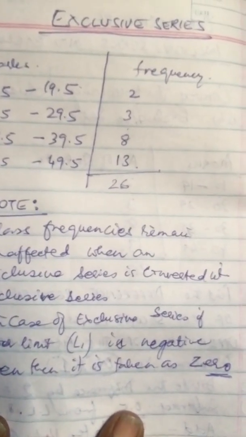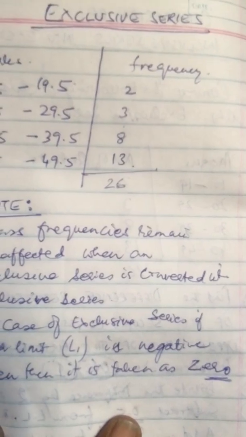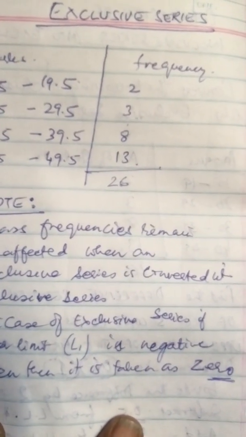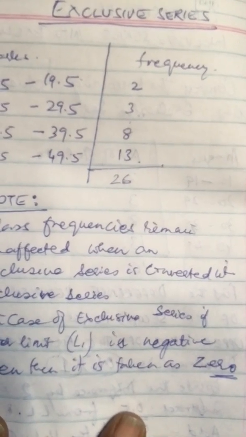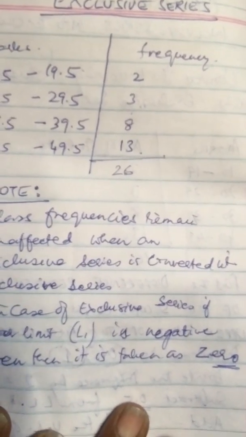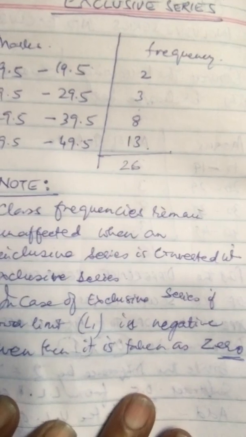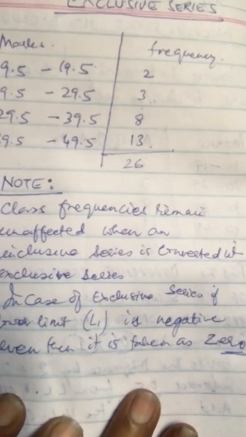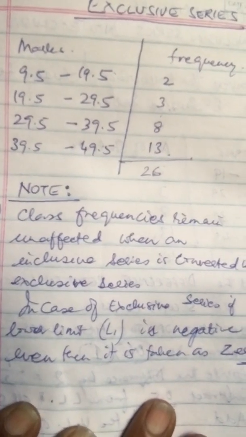And in case of exclusive series, if the lower limit is even negative, then it is taken as 0. Generally for our level, we don't go into that, though of course in certain cases it can be negative, but we don't need them right now, so we just take it as 0.